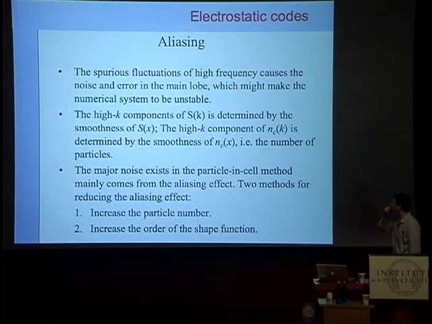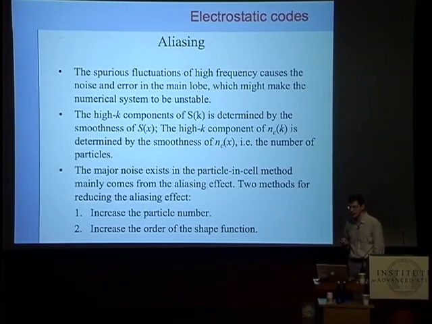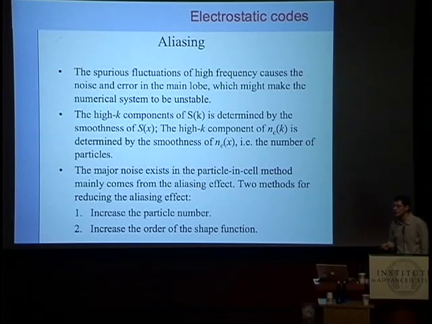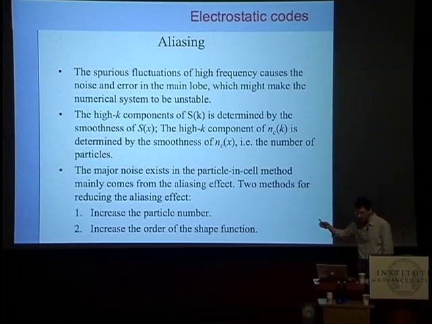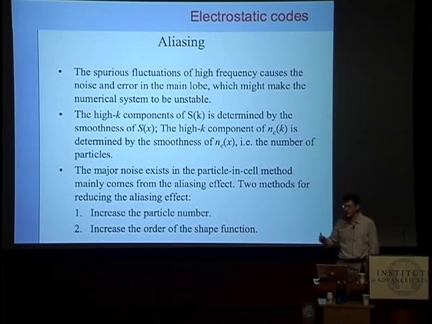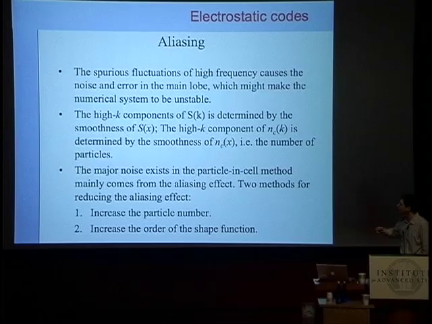If you have some spurious high-frequency fluctuations and you try to put them on the grid, to you it looks like you just put in a wave, yet the grid will not be able to resolve that wave, and it will put this wave power into some other modes. So it will put it into different wavelengths where you weren't supposed to put any power.